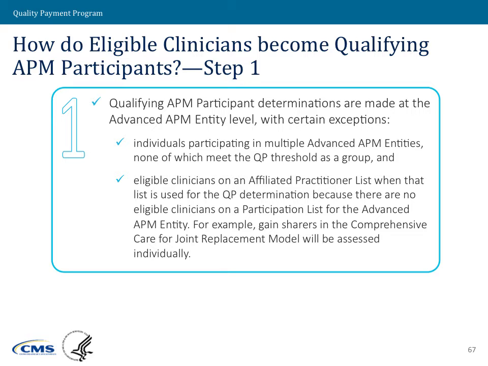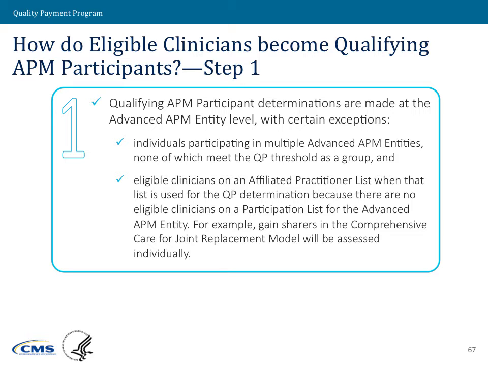So everybody participating in an accountable care organization or a group practice or our gain shares with certain entities, those will all be collectively assessed as one unit. So they will become qualifying APM participants or not become qualifying APM participants altogether.